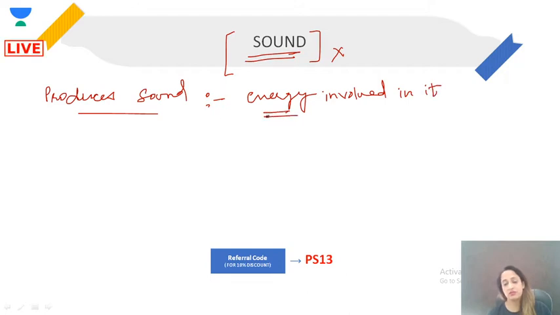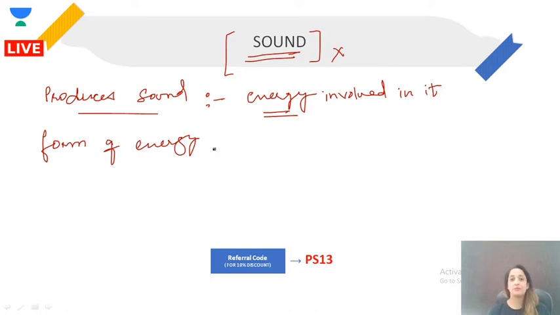There is some energy involved in producing sound, which means sound is nothing but a form of energy. You clap your hands, which means you are using your muscular energy, which we call mechanical energy, to produce that sound. Let's say I'm talking, I'm using energy to talk. Let's say we are playing some guitar or violin or tabla or anything. Again, some energy is being used, right?